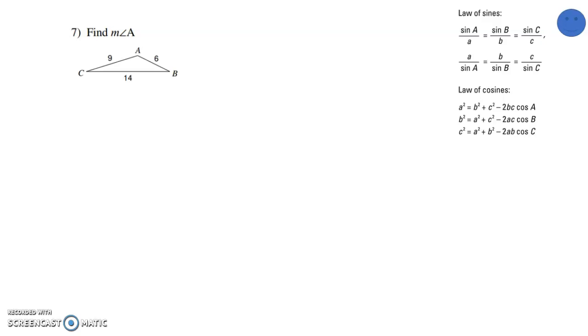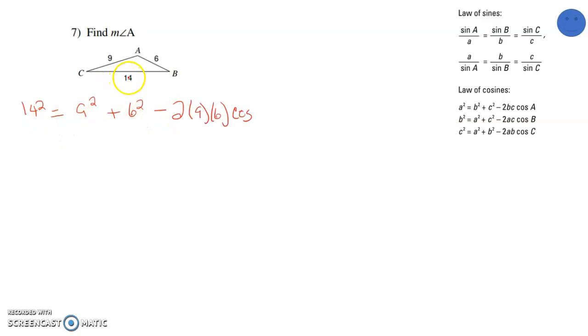We're actually still going to be using this one, but again, it doesn't really matter. So this time we're going to say 14 squared equals, we got B and C, so 9 squared plus 6 squared minus 2, it's always these guys right here, times 9 times 6 times the cosine.